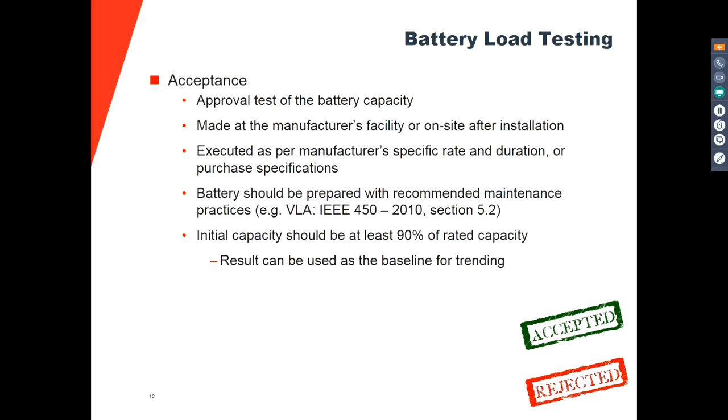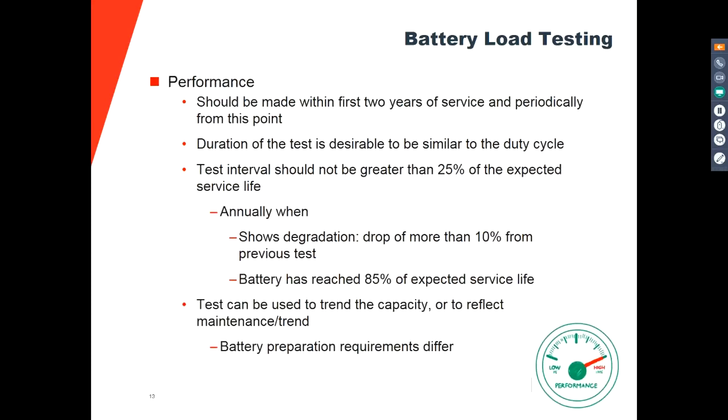So this value is accepted, but it should not be below 90%. And of course, it can be higher than 100%. As a matter of fact, it usually will be higher than 100%. And whatever result is obtained can be used as the baseline for the trending.